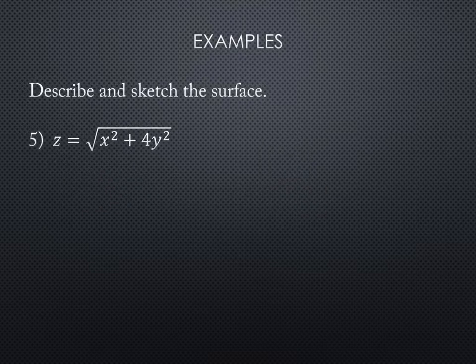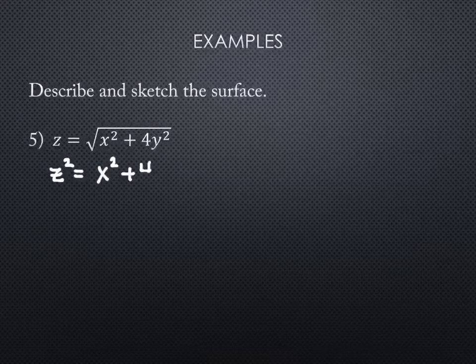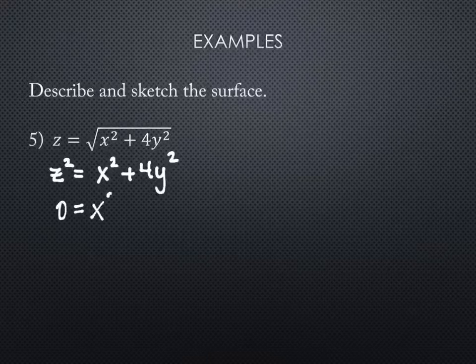Next one, number 5. Not exactly in the shape that we normally see this equation. I've got a square root in it, right? So we can eliminate those square roots. We'll square both sides. And in all of our equations where they're all squared, we have all the values on the same side. So I'll move the z over here to the right hand side. So I have 0 equals x squared plus 4y squared minus z squared.